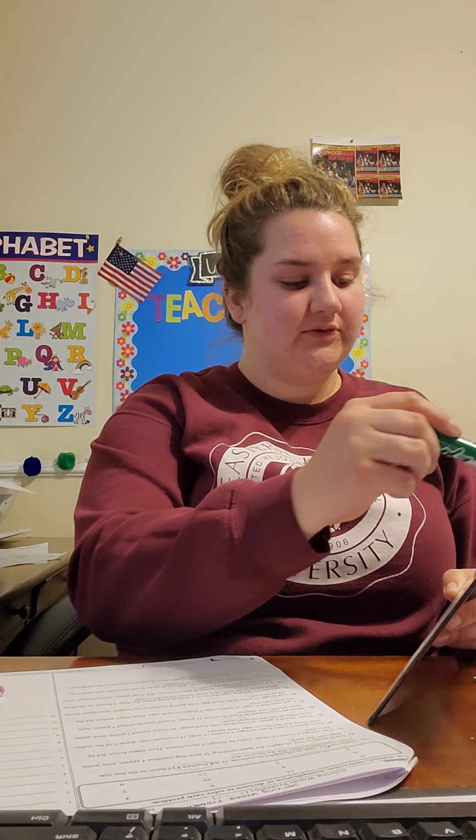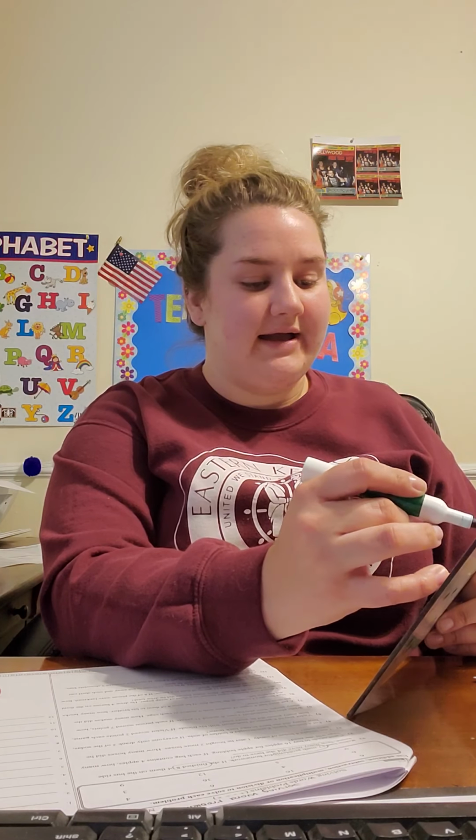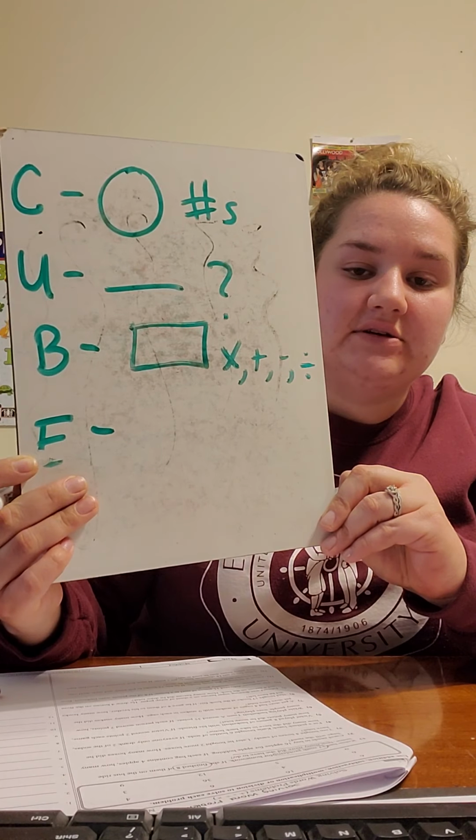The B in the cube method stands for boxing action words. Action words in math are things that tell us if we're going to multiply, add, subtract, or divide. It tells us what operation to use. So I'm going to box any kind of action words. Looking through that problem, Robin had 17 math problems for homework.